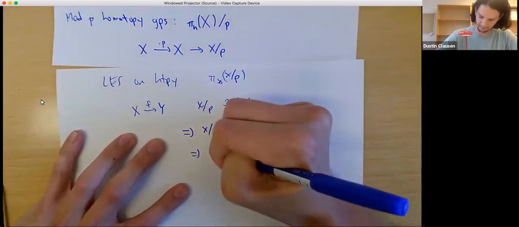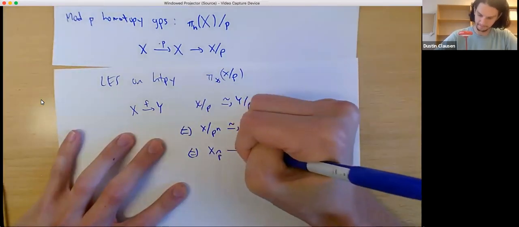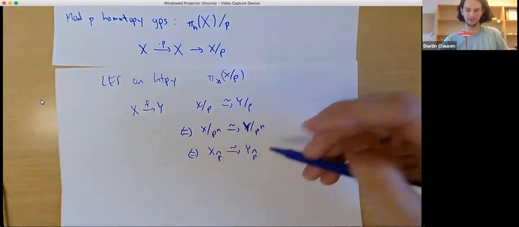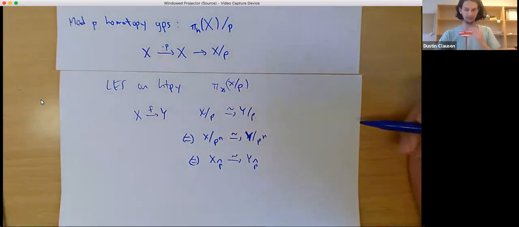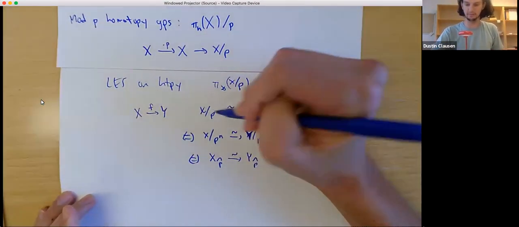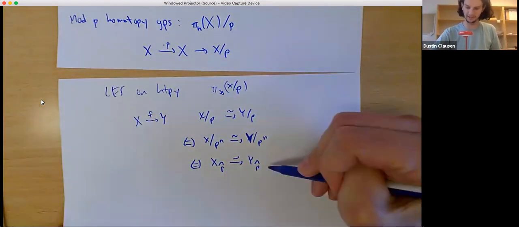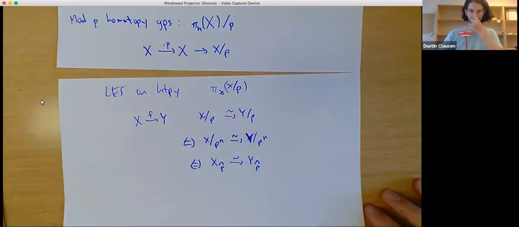You can even pass to the limit, and these are all actually equivalences, so the p-adic completions of the spectra are the same. So I'll be phrasing lots of things in terms of things mod P being equivalences, but it's always equivalent to saying that it's a p-adic equivalence when you p-adically complete the spectrum.